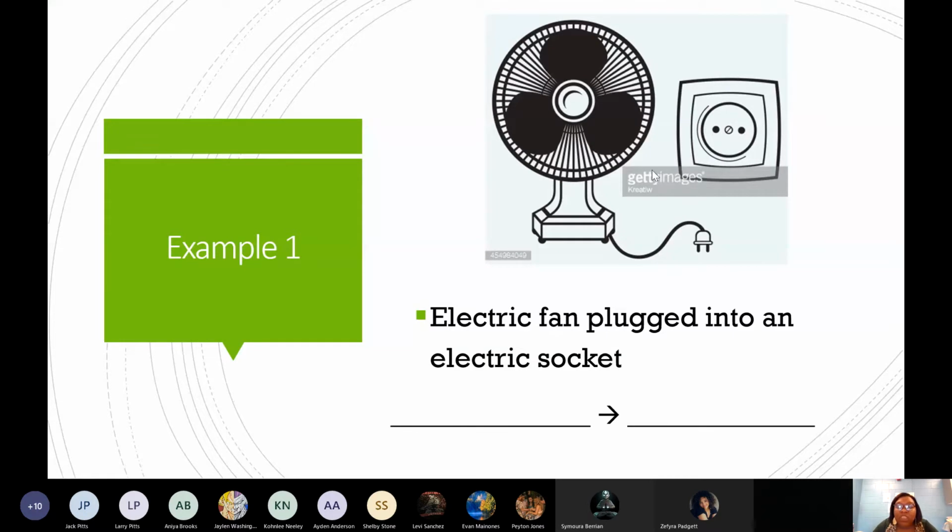So electrical energy in our socket, that electrical energy is going to travel through our copper wire. And then that fan, the blades are going to turn or move. What energy transformation are we seeing there? Kinetic. So what's written down here is electrical energy transforms into kinetic energy. Please write that down.